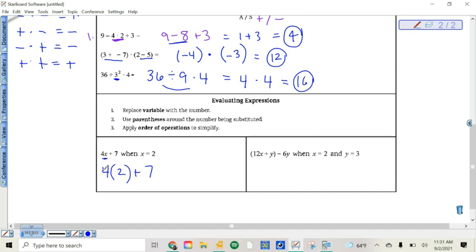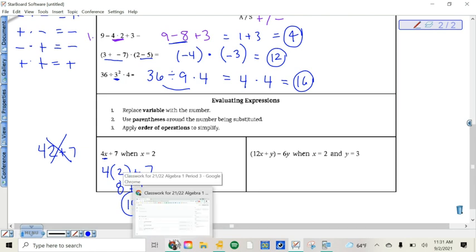And what's going on in between the 4 and the 2? They're going to be multiplied. This doesn't just become 42 plus 7, right? No. So what's 4 times 2? 8. And then 8 plus 7 is 15. There's our answer. Okay?